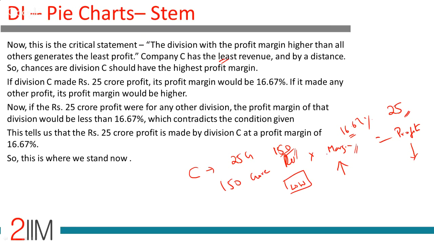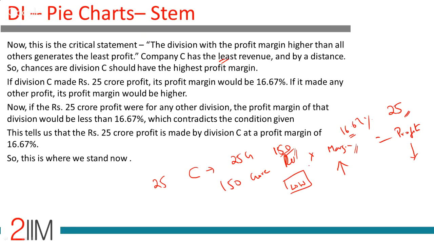And the big giveaway here: the division with the profit margin higher than all others generates the least profit. The least profit is 25 crore. That is generated by a company that has the maximum profit margin. That means the revenue of that company has to be small. So we're looking for a company with a very small revenue.